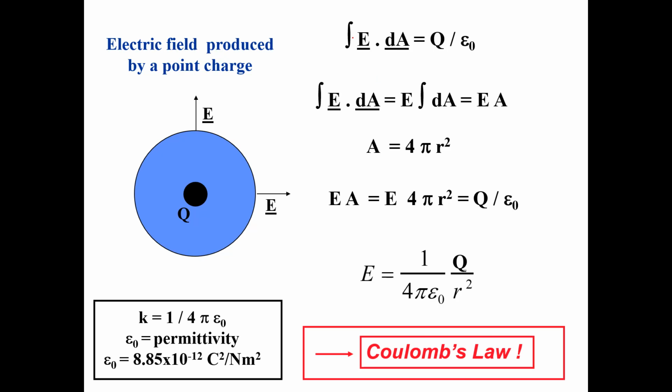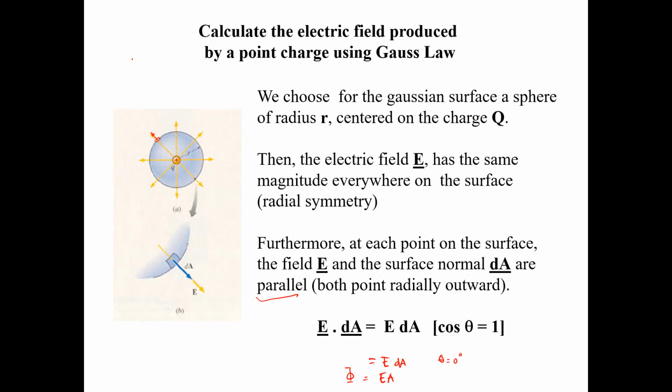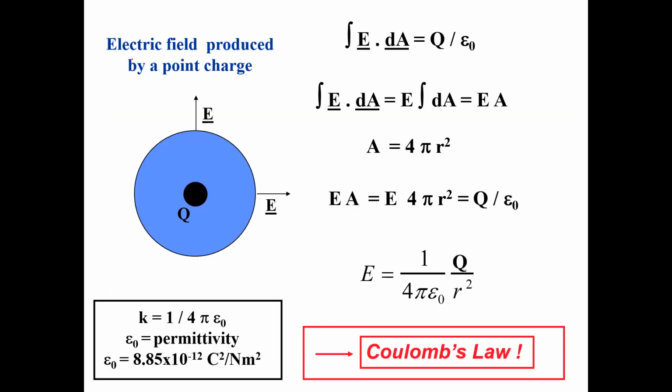So, from here, what is the electric field produced by a point charge? So this is the first problem. Using Gauss law, we have to get the electric field produced by a point charge. So, we have integral of E dot dA is equal to Q enclosed over epsilon naught. So, if the charge inside our spherical Gaussian surface is equal to Q, then the Q enclosed, class, is Q. Okay?